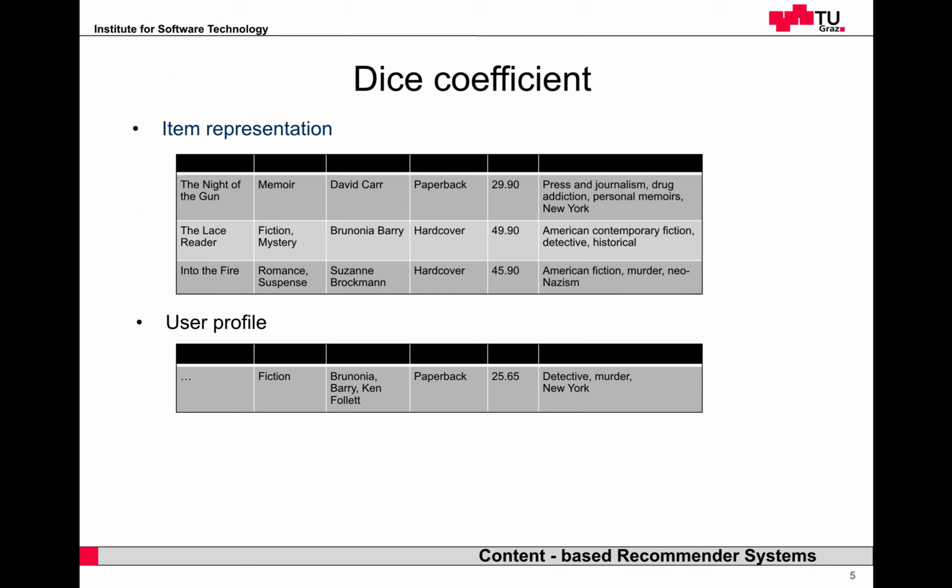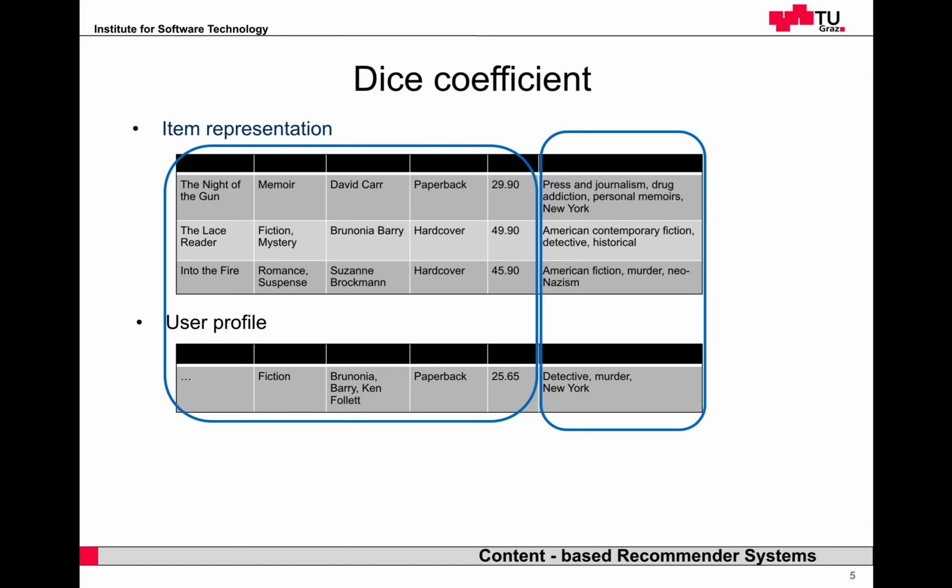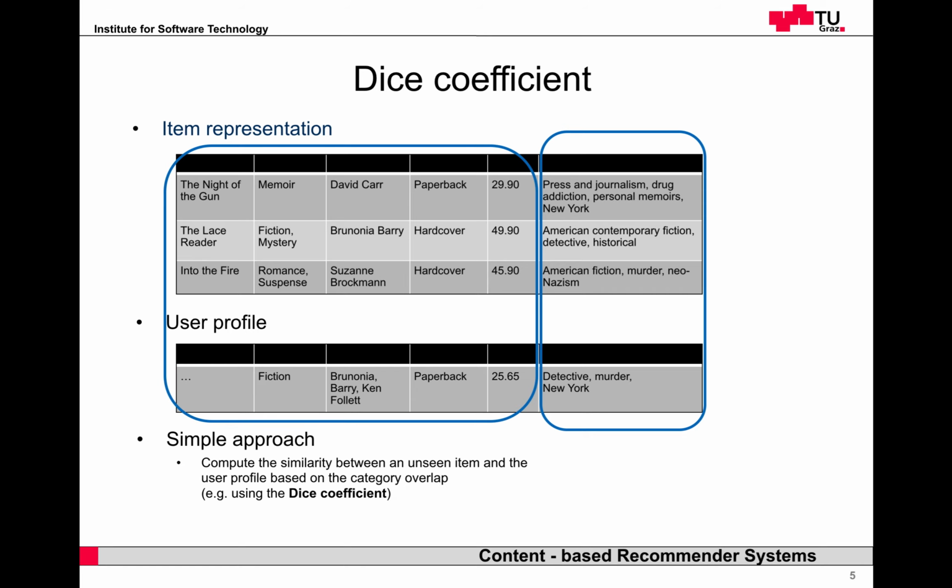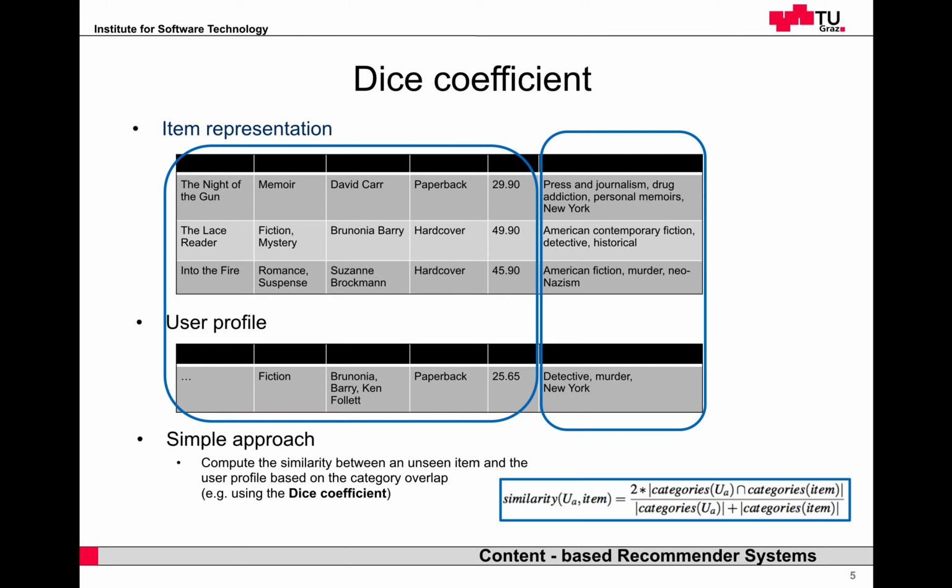First, we discuss one of the simplest approaches to generate recommendations in a content-based recommender system. This approach computes the similarity between an unseen item and the user profile based on the category overlap. This is the formula to calculate the similarity.